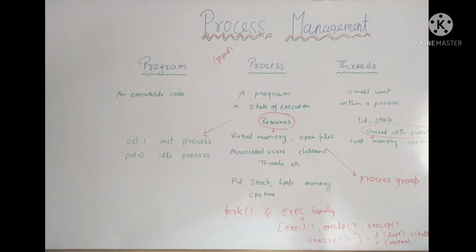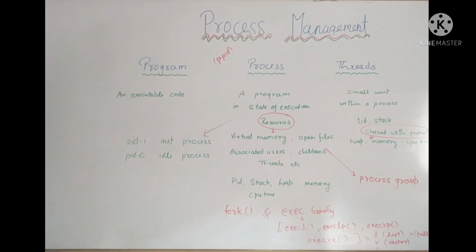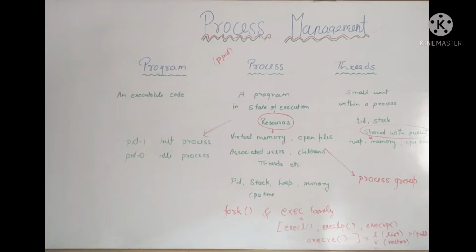In kernel process management, a process has a process ID, process stack, process heap, process memory as virtual memory, as we have discussed, the CPU time, and a lot of other information. All related information is stored in the process control block that the operating system manages, in the core kernel of the operating system: process ID, stack, heap, memory, CPU time, etc.